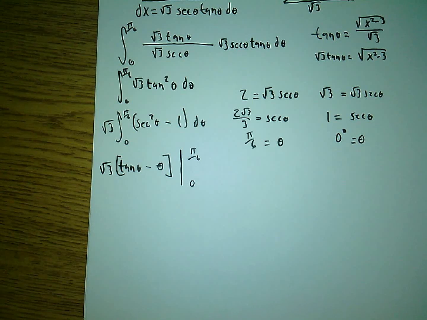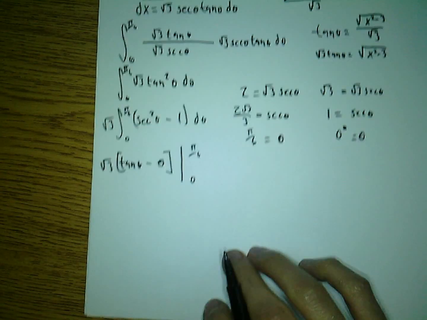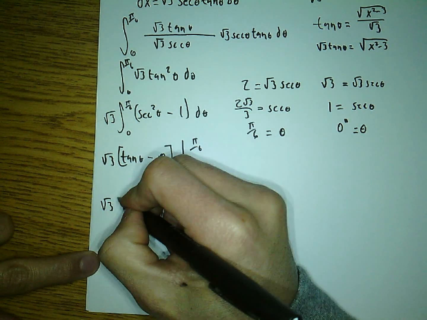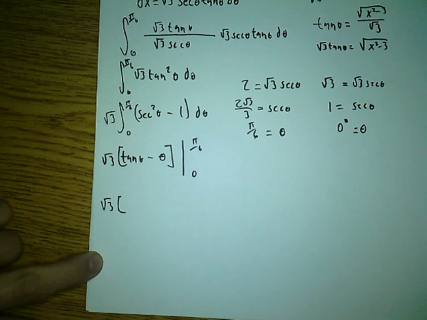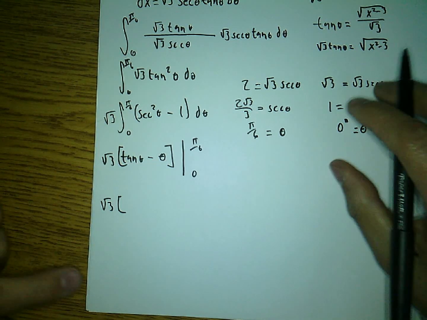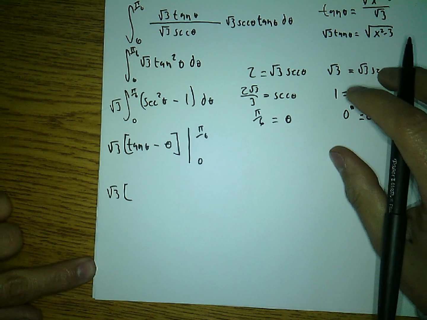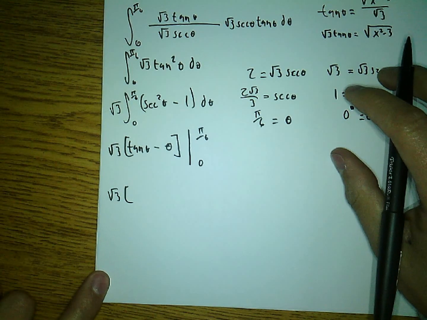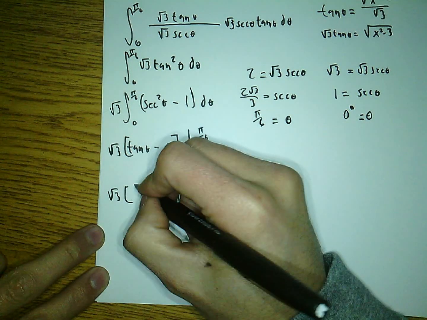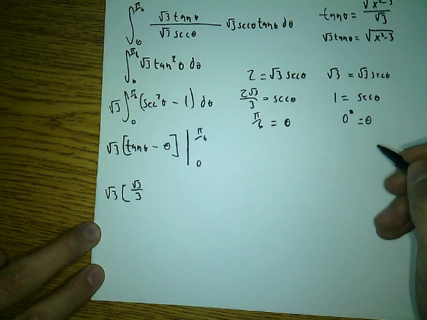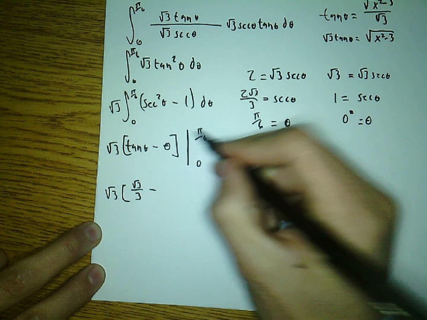Cool. So let's see what we got. We got the square root of 3 on the outside. And then, what is the tangent of pi over 6? Is it 1 over root 3? Yep, root 3 over 3. Cool. And then minus theta, which would be just pi over 6, right?